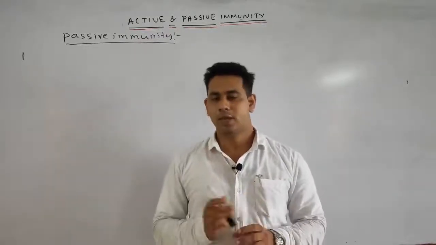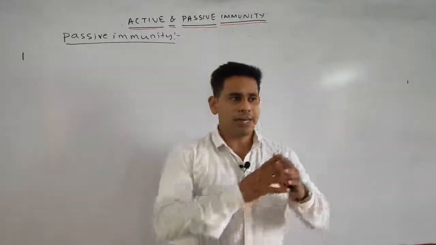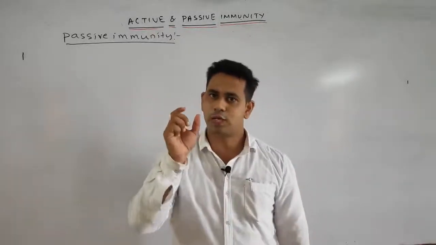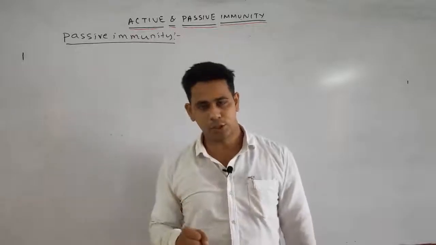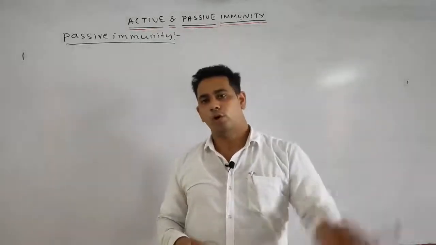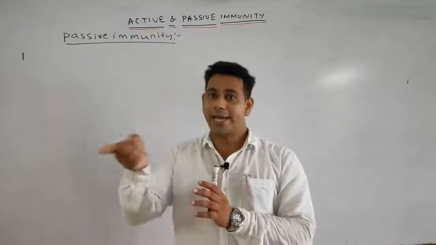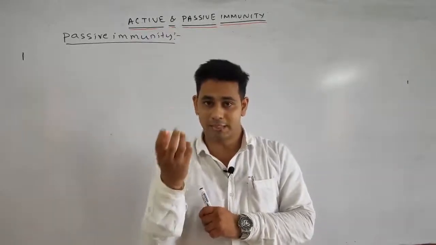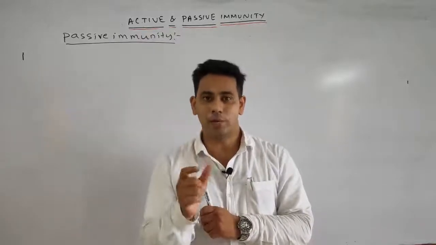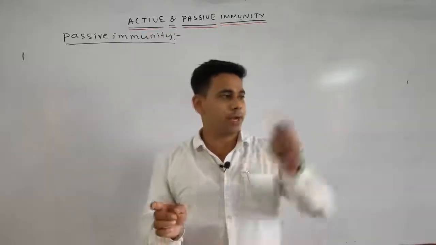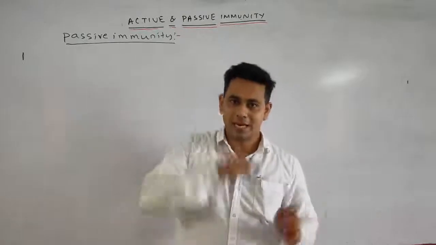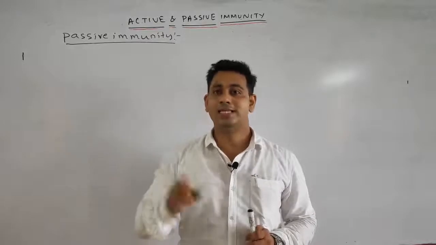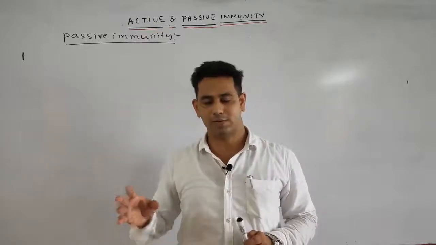Then what happens is, in another animal or organism, that same pathogen will be introduced, by which that animal will produce the antibody against that pathogen. By bleeding, from the serum we can obtain that antibody, and we can introduce that antibody into the infected person, so that the antibody can fight against the antigen. Okay, this is called your artificial passive immunity.